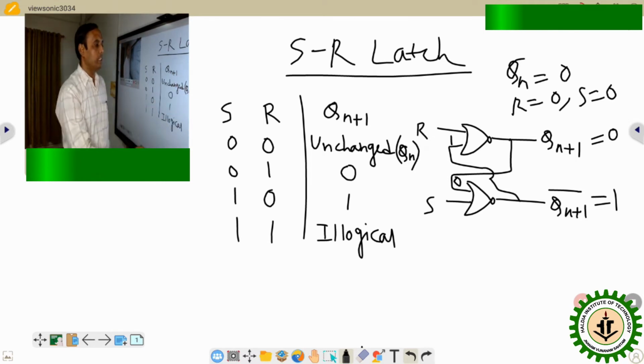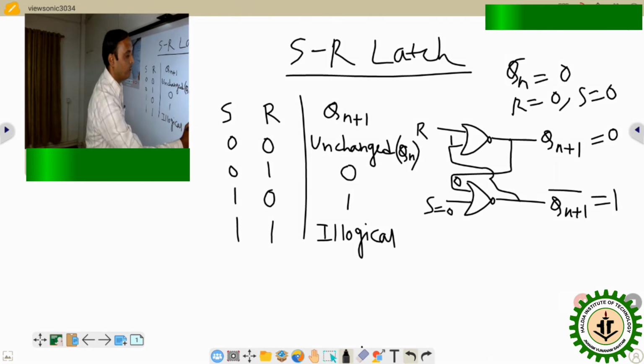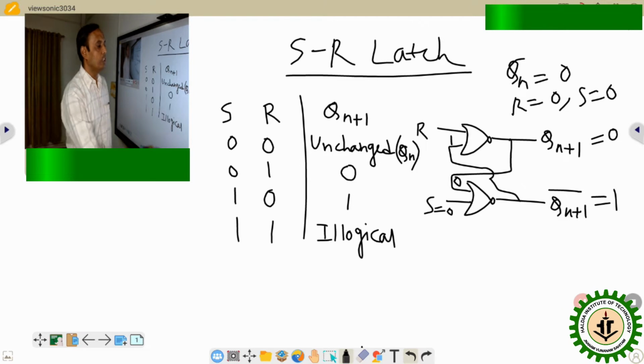Now at this moment the value of S is also 0, because we have already considered S equals 0. So whenever both inputs are 0 and 0, the output of the NOR gate will be 1. So previously we considered Qn equals 0, and Qn plus 1 we also get 0. That means no change.